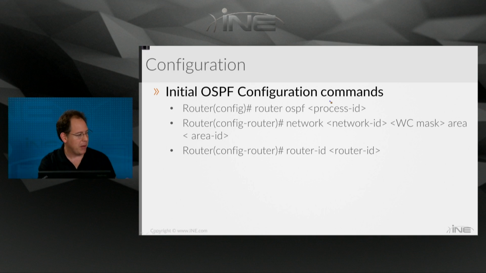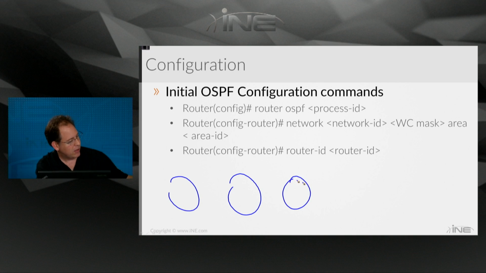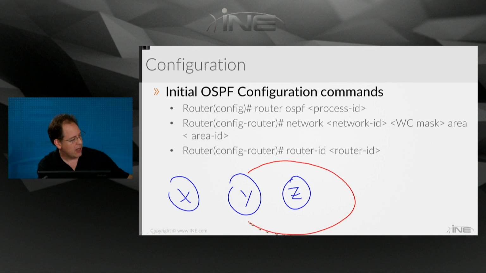Once again, with EIGRP, if I had a router right here, let's say this is router X, Y, and Z, and let's say that Y and Z were part of company YZ, and then all of a sudden we acquire a new company. So this is an acquisition.